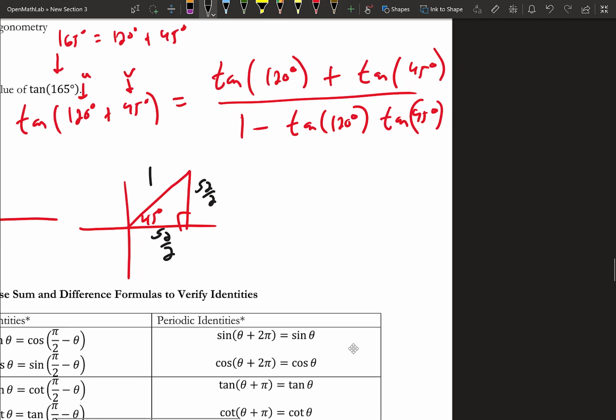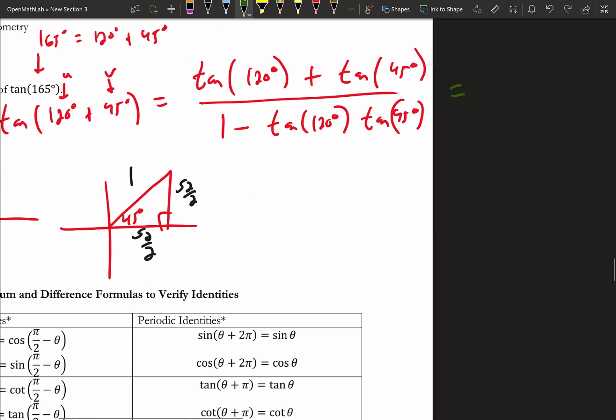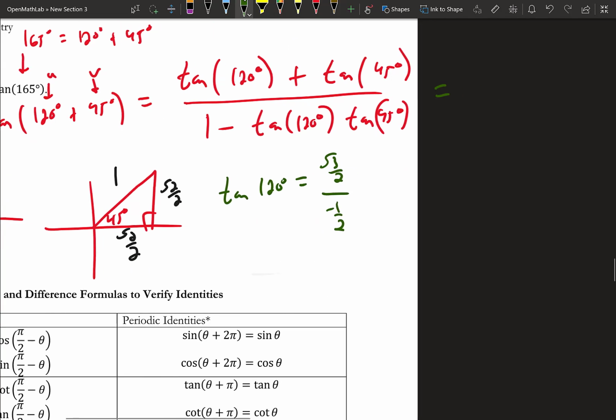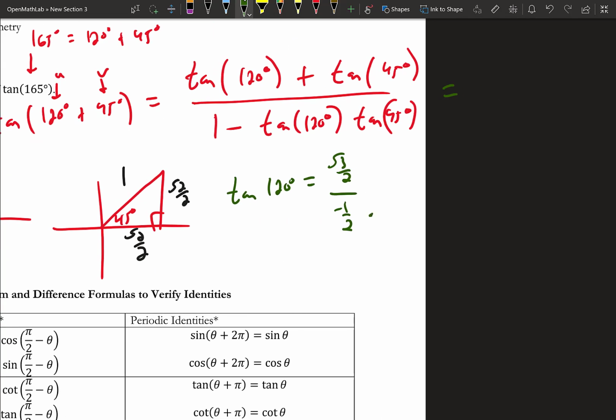Then we just fill in the appropriate values for tangent of 120 and 45. Tangent of 120 degrees is y over x, so we'd have radical 3 over 2 divided by negative 1/2. I can multiply top and bottom by negative 2.